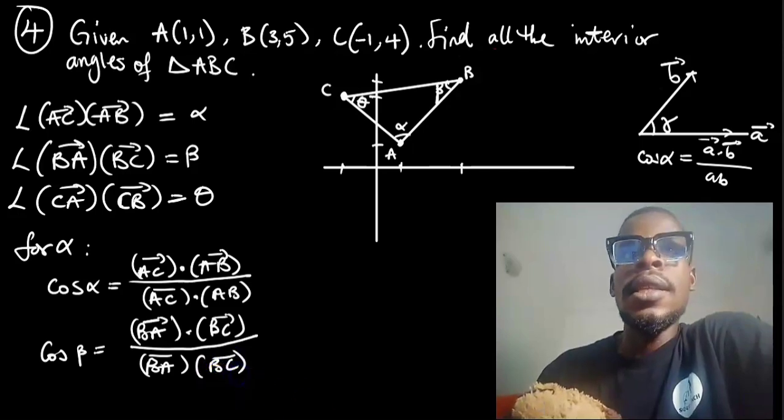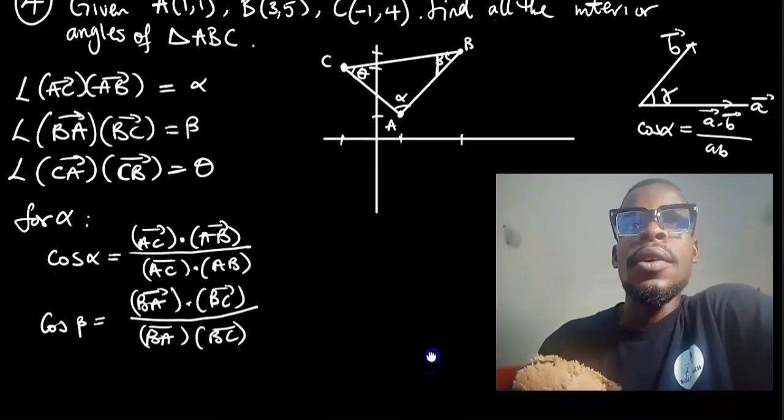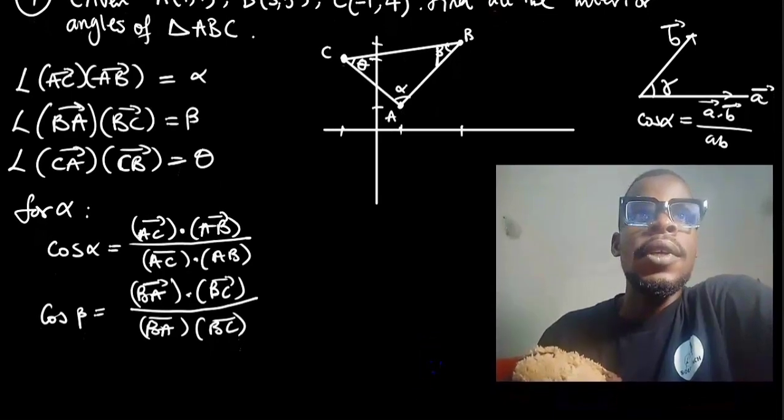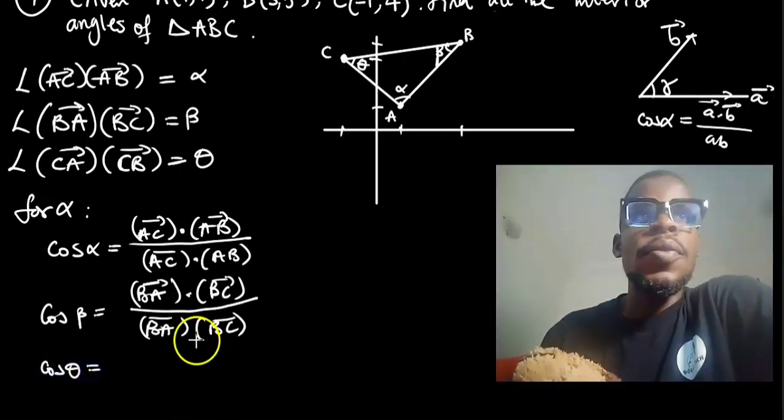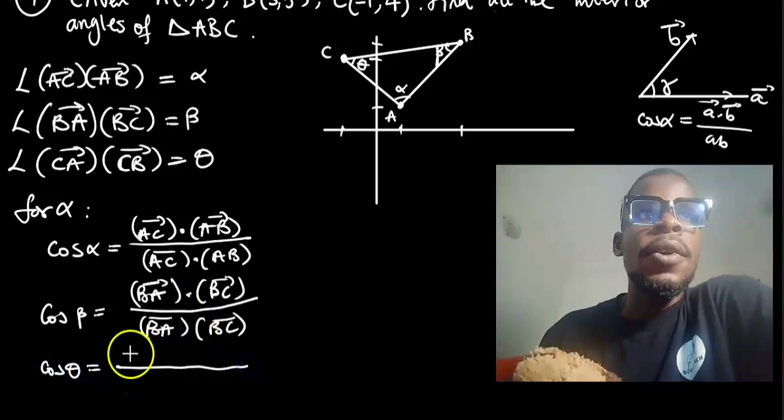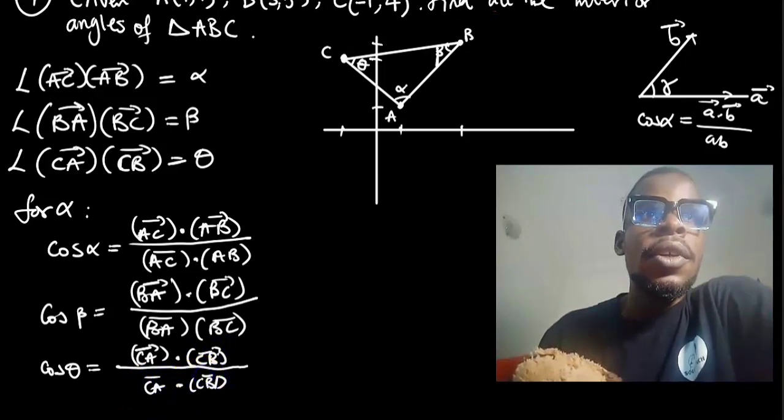And lastly, the cosine of theta is the vector from C to A dot the vector from C to B, divided by their lengths, line CA times line CB.